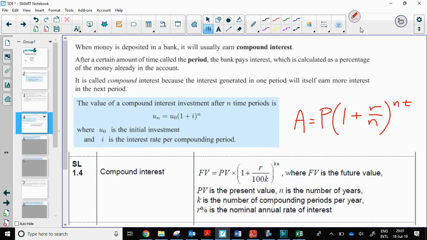I don't care. And we'll look at a few examples here where, again, we're just going to really be putting values into these formulas, except the book examples are going to be thinking in terms of I and N, whereas we need to be really thinking in terms of PV and R and K and N and FV.